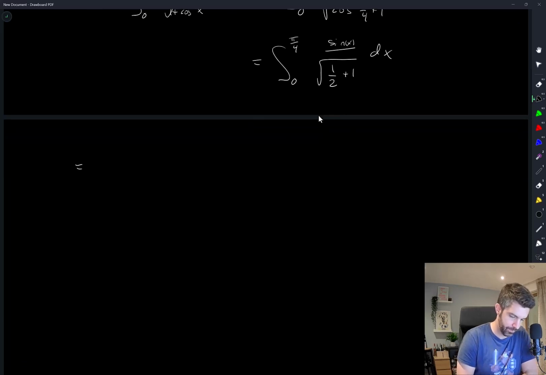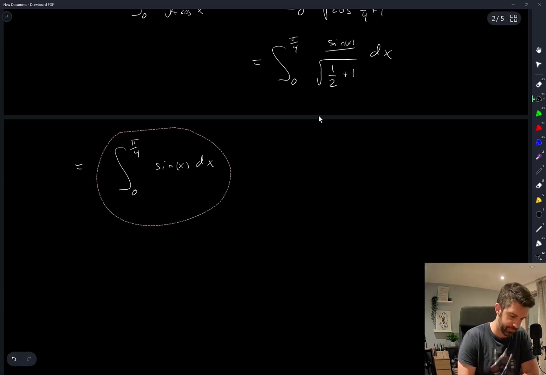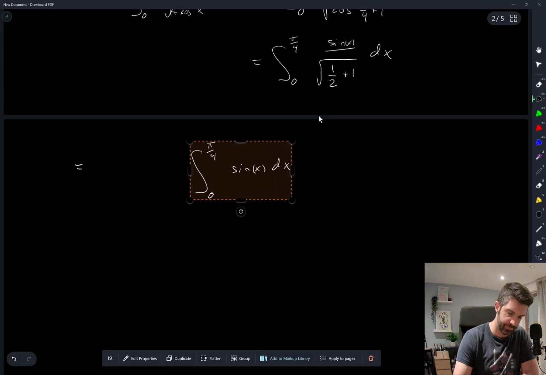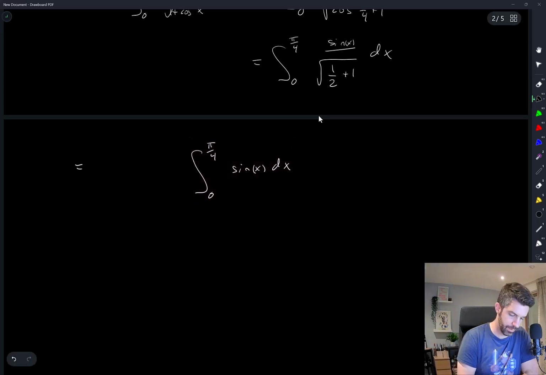The integral from 0 to pi over 4 of sine x dx. And what is this thing in the denominator? 1 divided by root 3 over 2, so root 2 over 3.